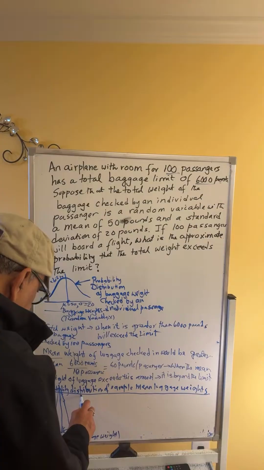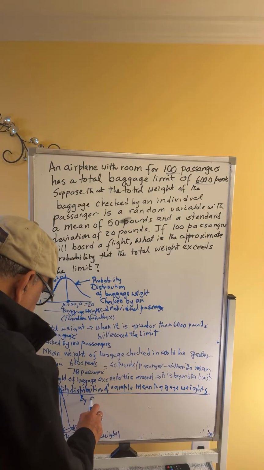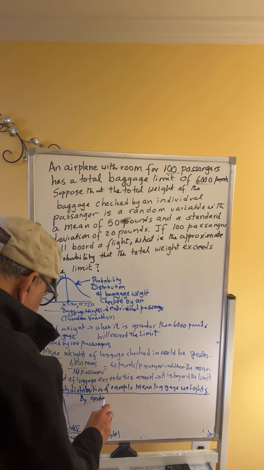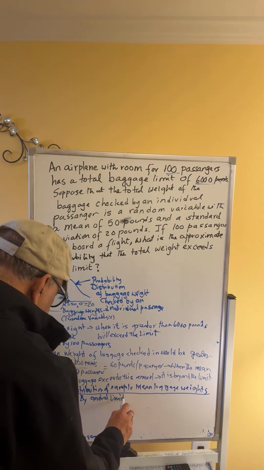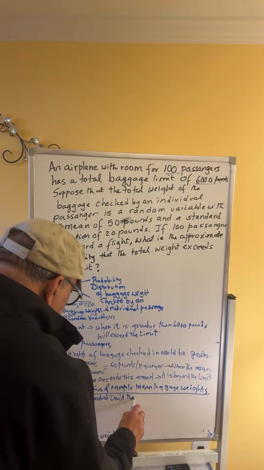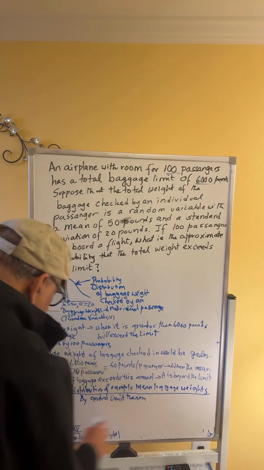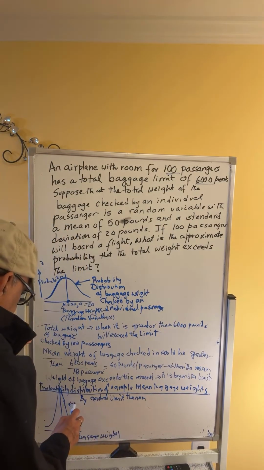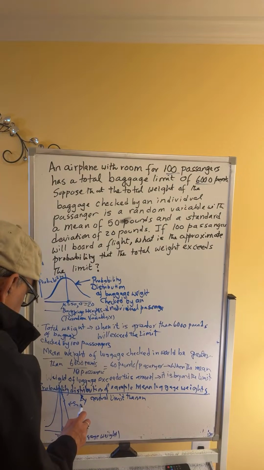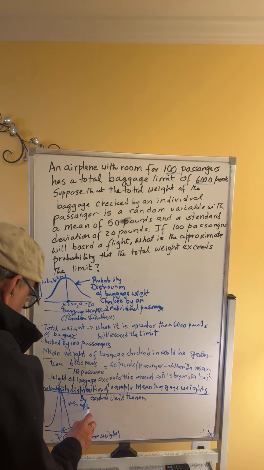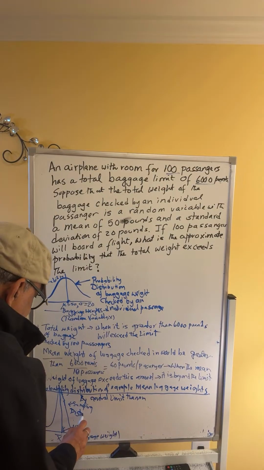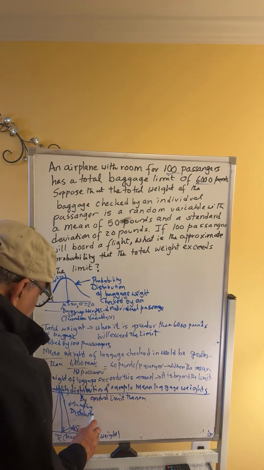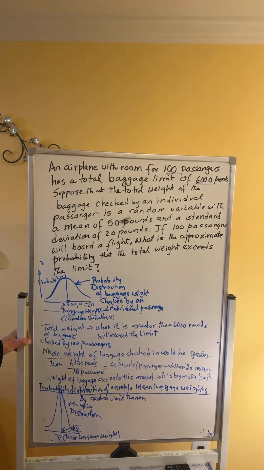By central limit theorem, this is the sampling distribution, right? The difference is you have X bar or sample mean weights on the horizontal axis.